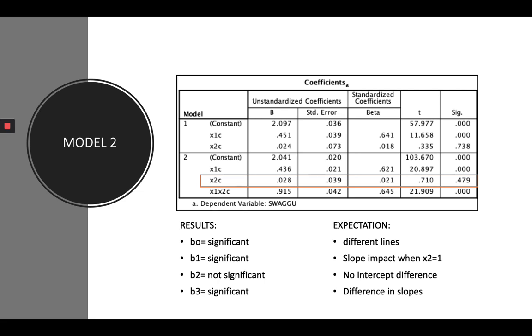So within this, you would expect to see different lines as well, but the slope is more impacted when x2 equals 1 and not when x2 equals 0, which is our moderator again. There wouldn't be an intercept difference, and you would also likely not see a difference in slopes.